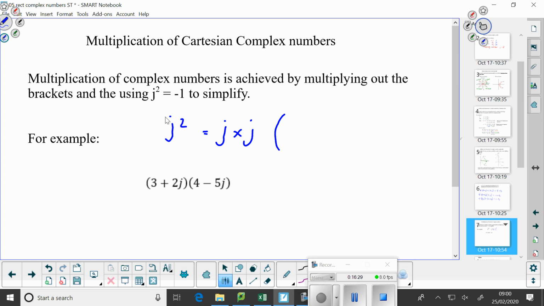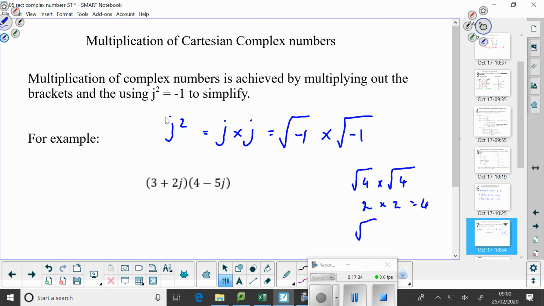Because what we're saying is j is equal to the square root of minus 1. So it's the square root of minus 1 times the square root of minus 1. We multiply the square root of a number by itself. What happens? You get that number. Because if we do the square root of 4 times the square root of 4, the square root of 4 is 2, 2 times 2 equals 4.